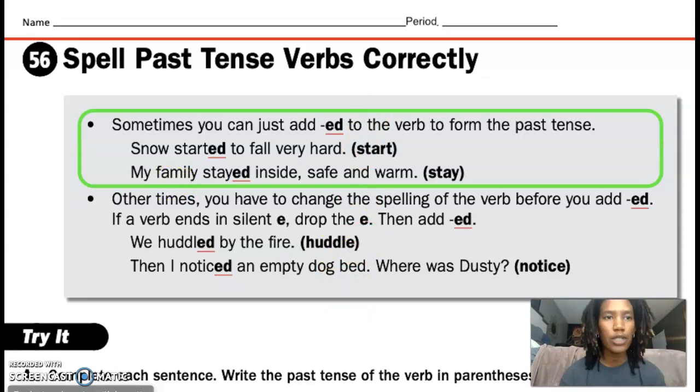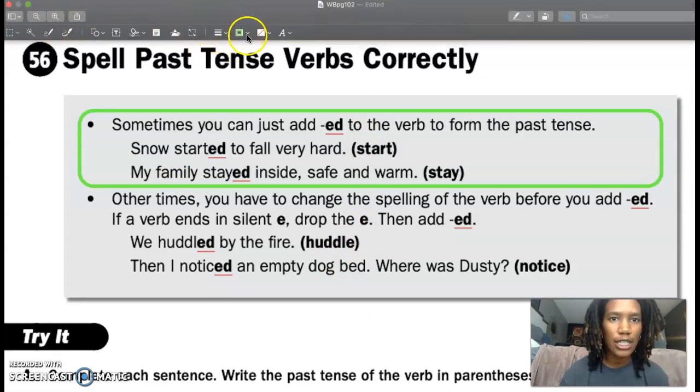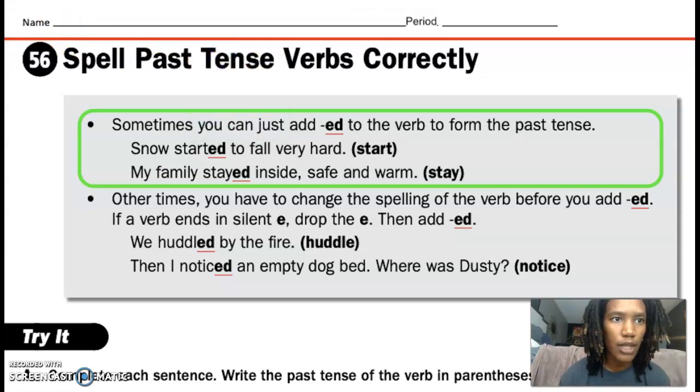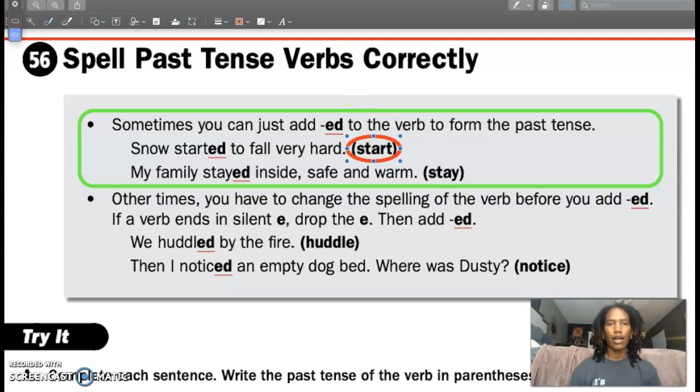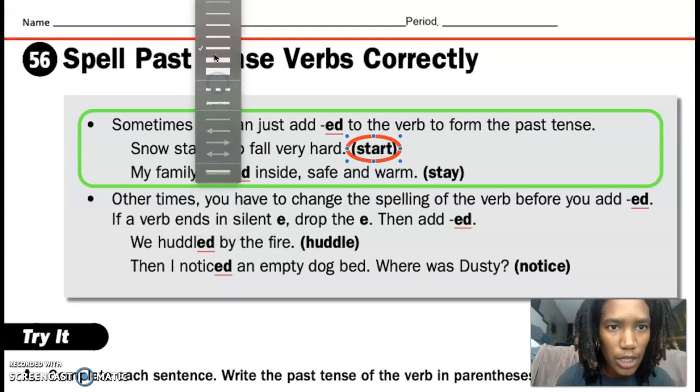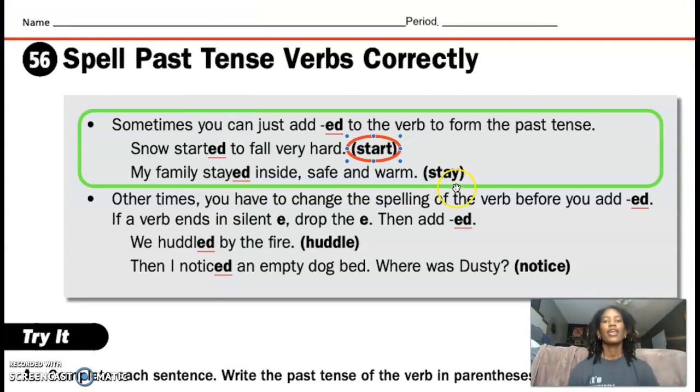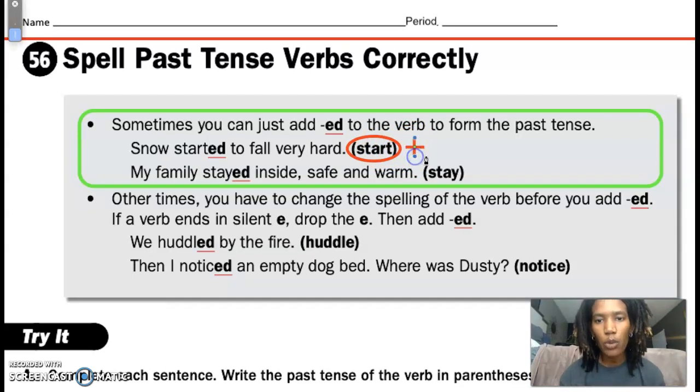So for example, if you look at our first sentence, the verb that they want us to use is start, right? So in order to make start past tense, all we have to do is super easy. All we have to do is add ed, right?